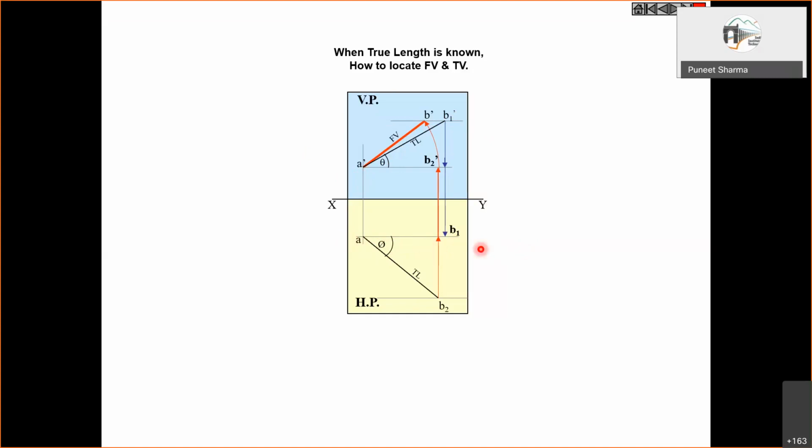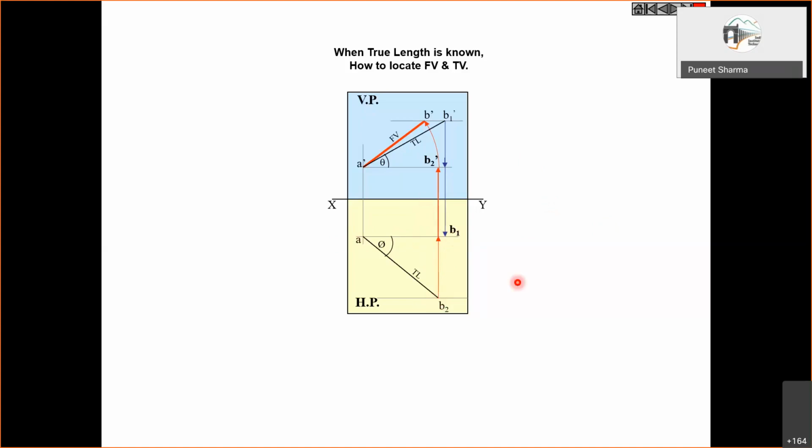This is the length of the top view for the case when the line is inclined theta degrees to the horizontal plane. Now if we want to impose the other condition also, that the line is also inclined phi degrees to the vertical plane, then we again use this length and the distance shown by this B2 from the XY line.